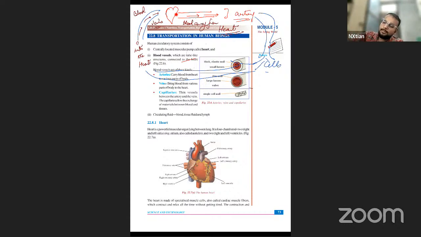So this is basically called capillaries. What do you mean by capillaries? You can understand it like this. Do you know a highway? If you go to your house, there's a big road, then you have to go into your street.